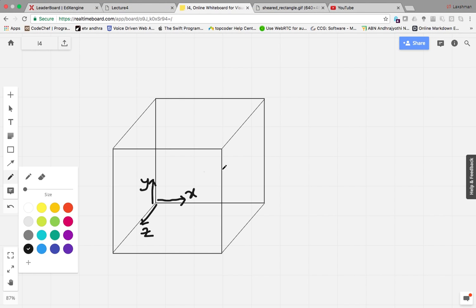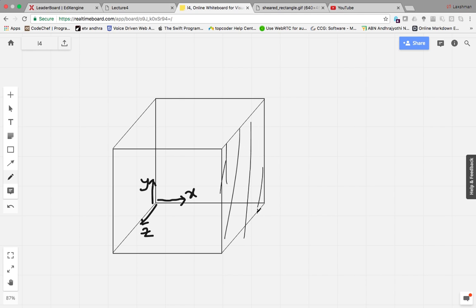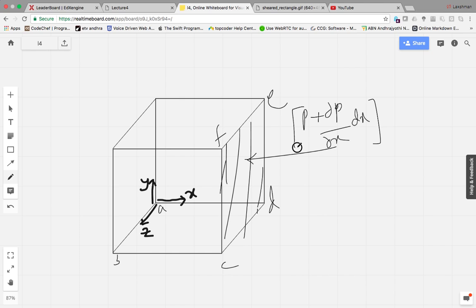control element, control volume, we have seen that. For this particular right face, if we label the corners A, B, C, D, E, F, this is basically C, D, E, F. On C, D, E, F, pressure is acting like this: P plus del P by del x dx, multiplied by dy dz.